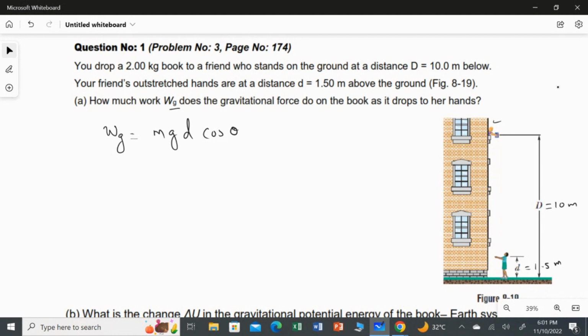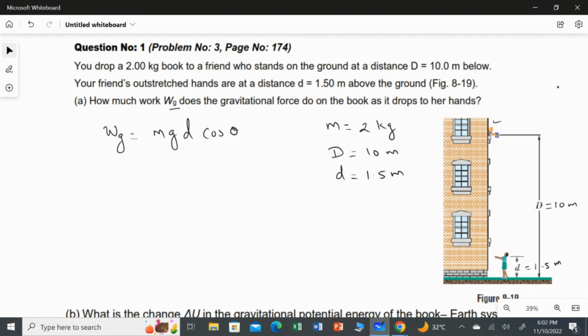So before that we have to write what is given in the question. They give the information about the mass of the book. The mass of the book is exactly 2 kilogram, and the distance from the person who is exactly in the balcony to the ground they mention as capital D, which is exactly 10 meter, and then for the one who is exactly standing on the ground and has outstretched her hand, from her hand to the ground they mention as small d, which is exactly 1.5 meter.